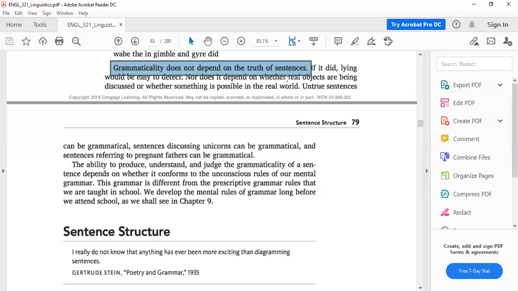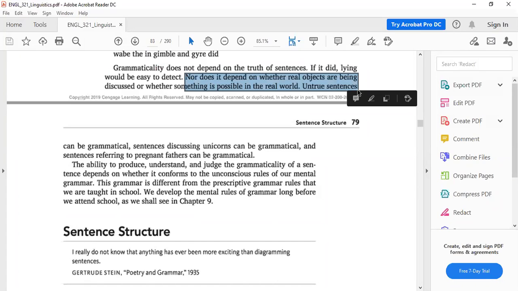And not only in the real world, nor does grammaticality depend on whether real objects are being discussed. So sometimes we can have grammatical sentences, although they talk about unreal objects or things, like the unicorn or the dragon.